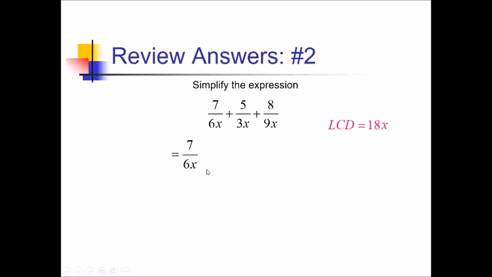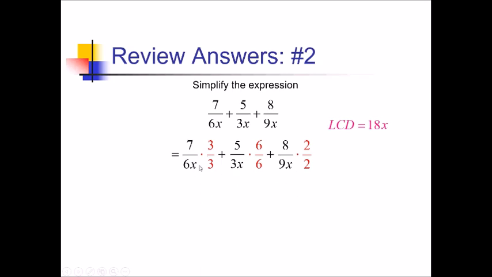So 3 over 3 then, if I multiply by that, that would give me 18x down there. And then to turn the 3x in that next fraction into an 18x, I'd have to multiply by 6 over 6. And finally, the last fraction, to get 9x to be an 18x, that would be 2 over 2 that I'm multiplying by.